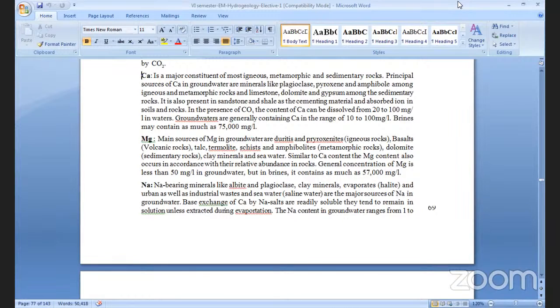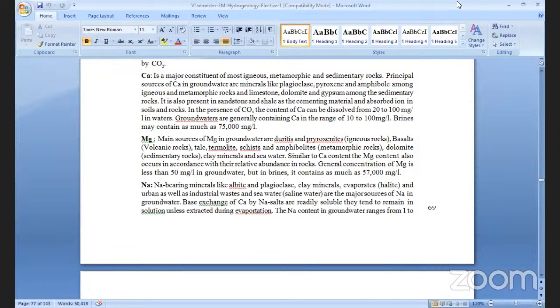Now magnesium. The main source of magnesium in groundwater is dunites and pyroxenes from igneous rocks, and some volcanic rocks like basaltic, and talc, tremolites, and amphiboles from metamorphic rocks, dolomite from sedimentary rocks, and clay materials also.